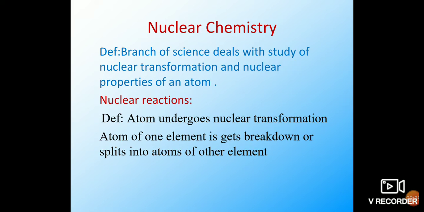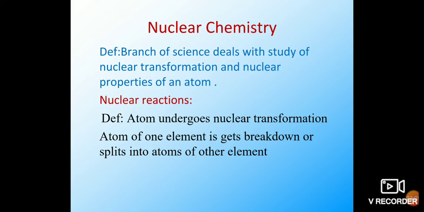Nuclear reactions means one atom of element gets breakdown or splits into different atoms of the other element along with emission of some energy radiations. So here nuclear reactions means what?